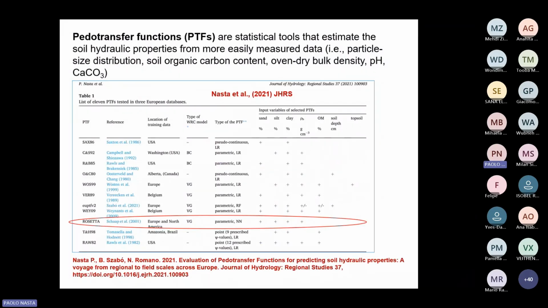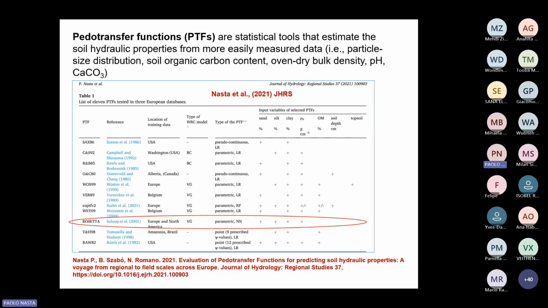What happens if we must estimate the soil hydraulic parameters at a regional or even continental or global scale? We have to use the so-called pedotransfer functions, which are statistical tools of different complexity that resort to easily retrievable soil physical and chemical data, such as the sand, silt, clay, soil organic carbon, bulk density, pH, calcium carbonate, and so on.